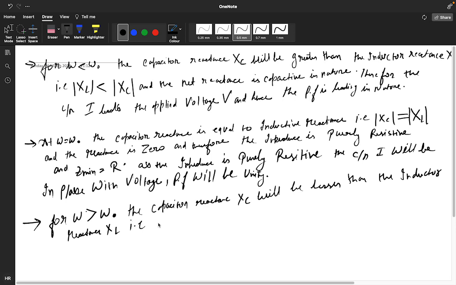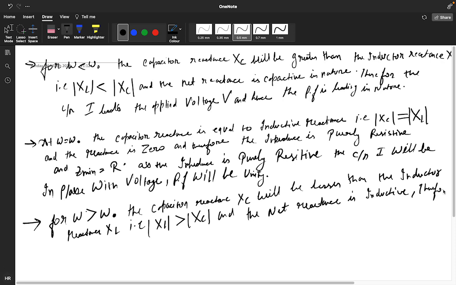So that is XL is greater than XC, and the net reactance is inductive. Therefore it is a lagging power factor, lagging load, or we can say current lags voltage by some angle phi.